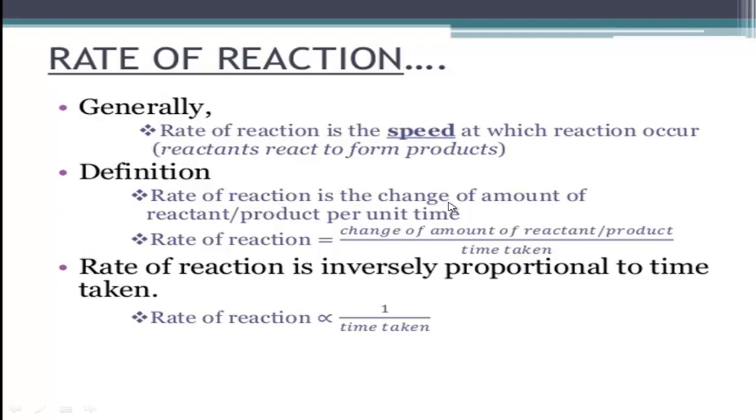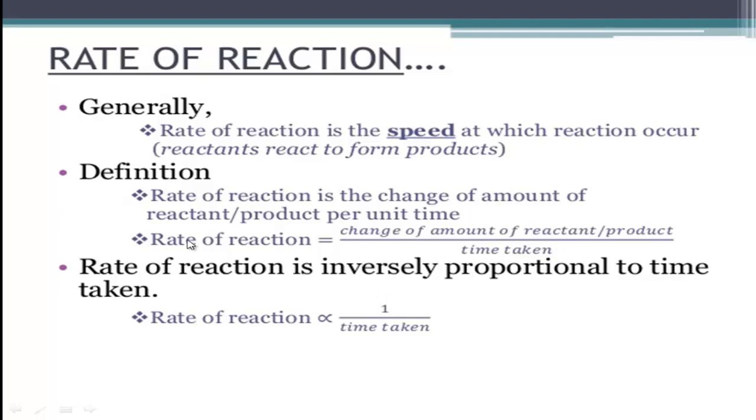Rate of reaction is the change in the amount of reactants or products per unit time, and it is inversely proportional to time. That means if the needed time is more, the rate of reaction will be less, or if the needed time is less, the rate of reaction will be more. So this is inversely proportionally related with time.